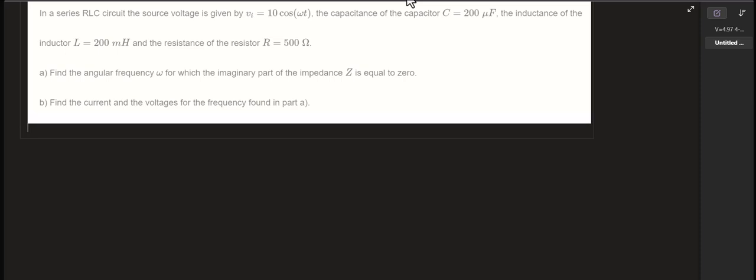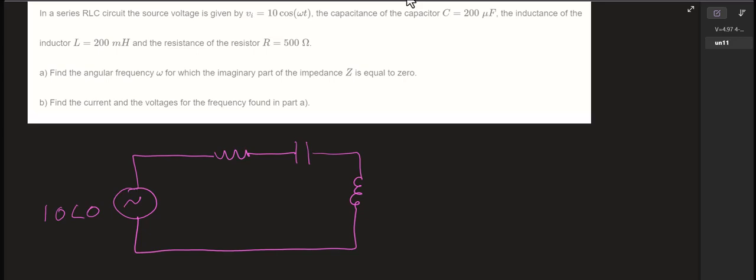So we have a voltage source, which would be 10 angle 0. It's series, so we have a resistor, a capacitor, and an inductor.